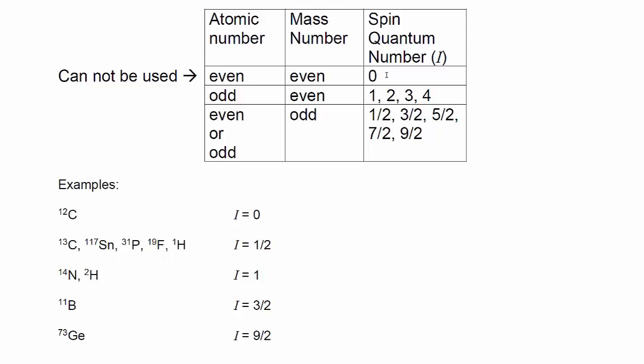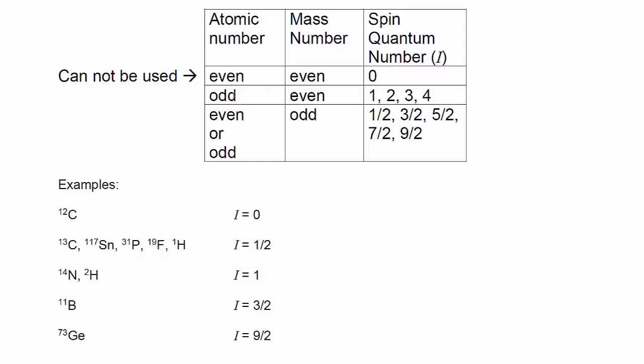And this is the case for nuclei that cannot be used in the NMR experiment because there is no quantity or no property for the magnet to interact with. So essentially those nuclei look the same whether they're in a magnet or not. So any atom that has an atomic number that's even and a mass number that's even will have a 0 quantum number for the spin.